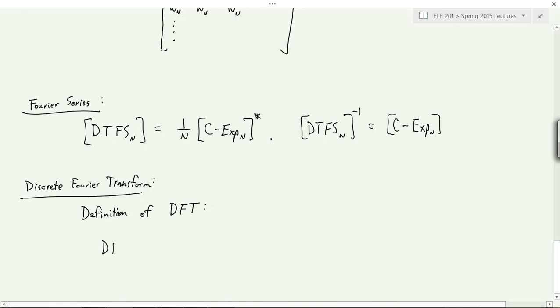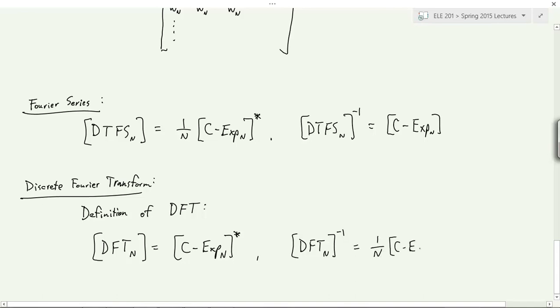The DFT for a length n vector is this complex exponential matrix conjugated. And therefore the inverse DFT is 1 over n times this complex exponential matrix.